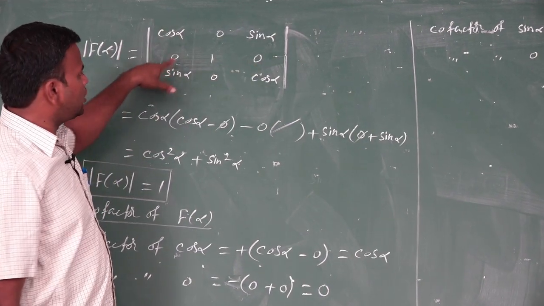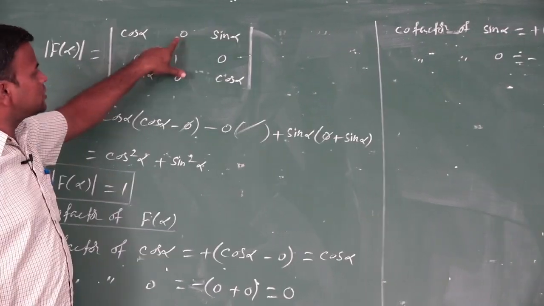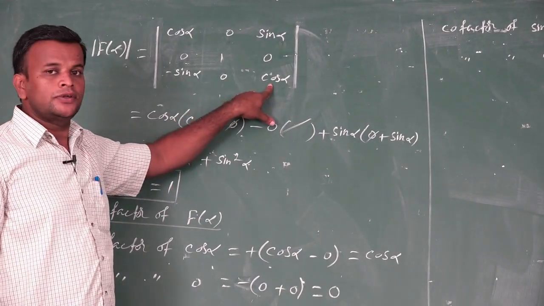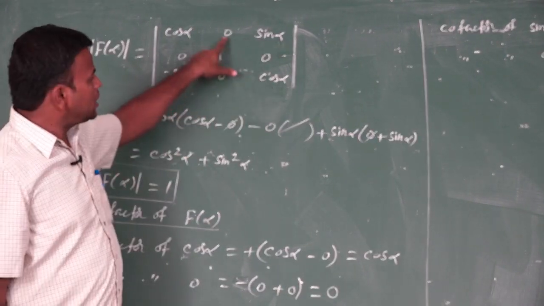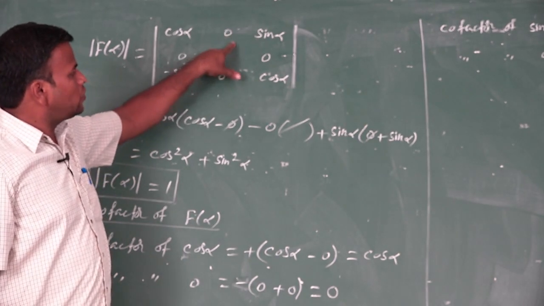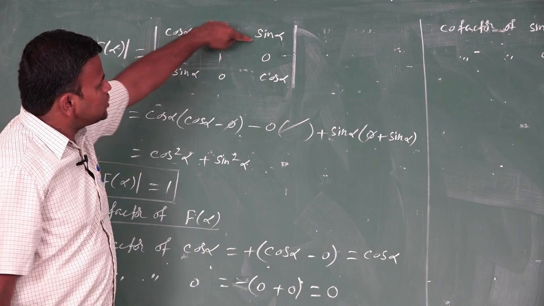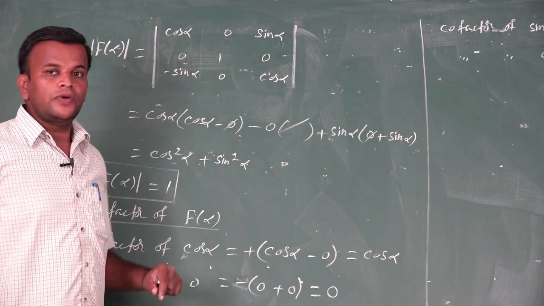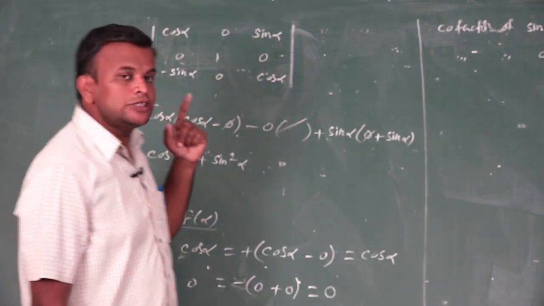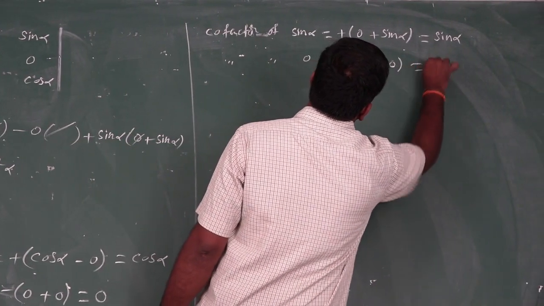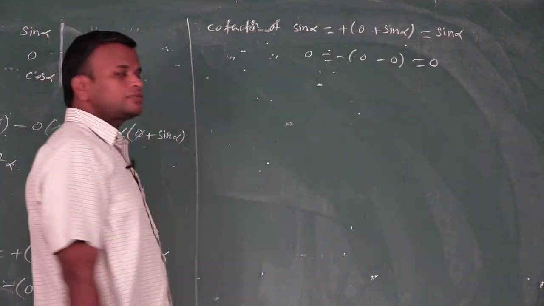So we leave first column, second row. The remaining elements are 0 sin alpha, 0 cos alpha. We first multiply the leading diagonal elements. 0 into cos alpha is 0. We multiply these two. Again 0 into sin alpha is 0. So outside is minus of 0 minus 0, which is 0.